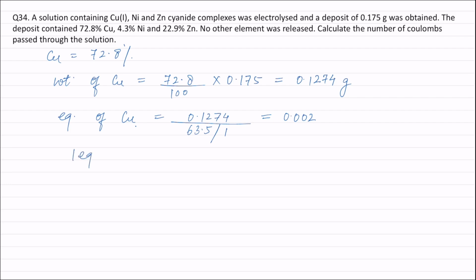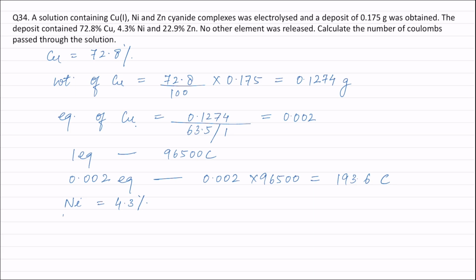Now, one equivalent of any substance is deposited by 96500 coulombs. Therefore, 0.002 equivalents of copper will be deposited by 0.002 into 96500 coulombs, which is equal to 193.6 coulomb.